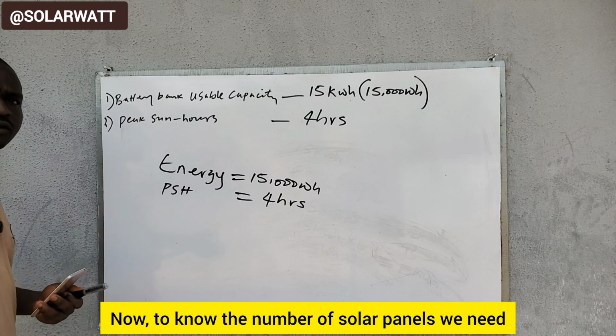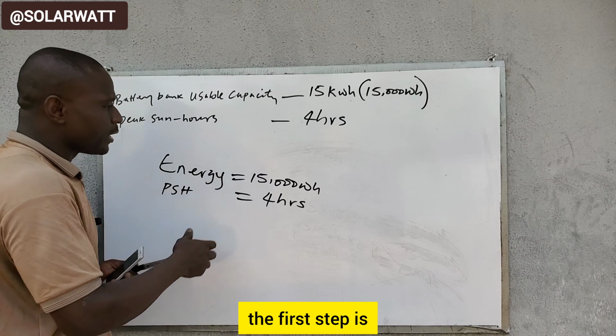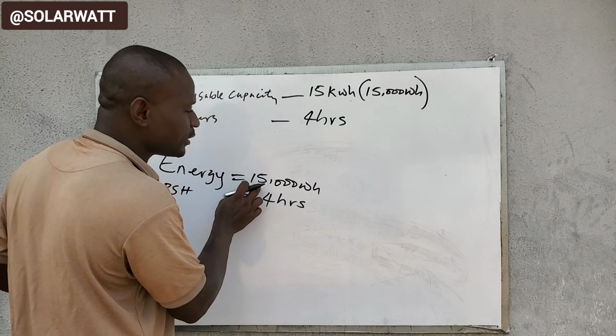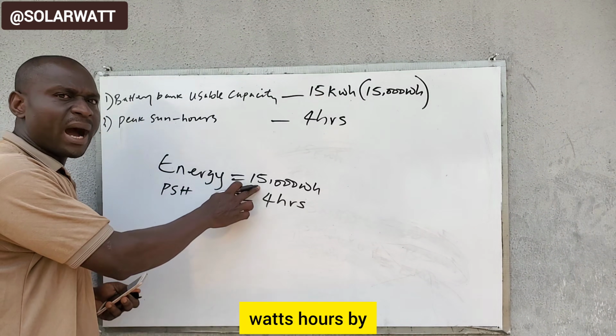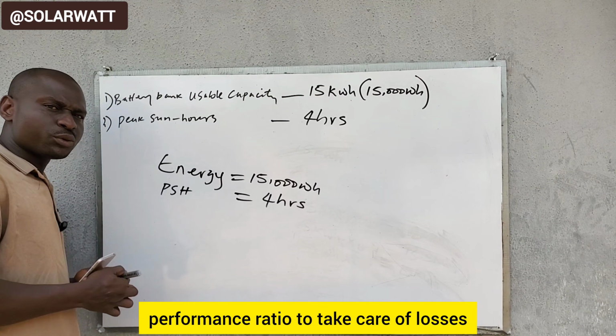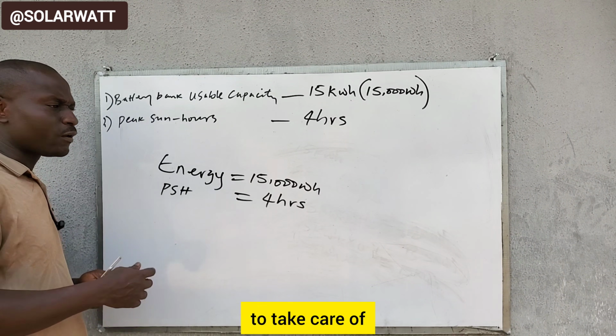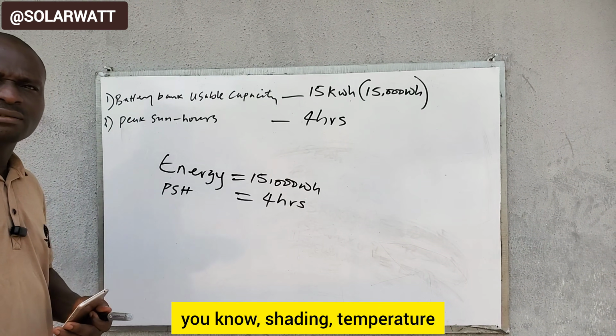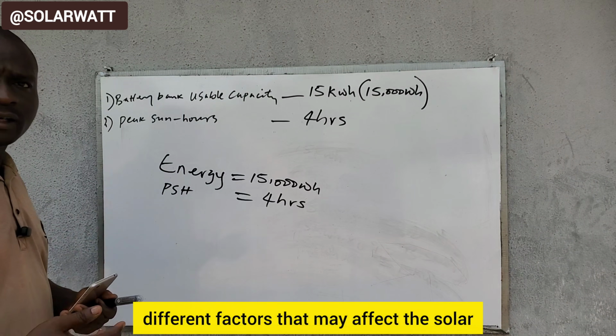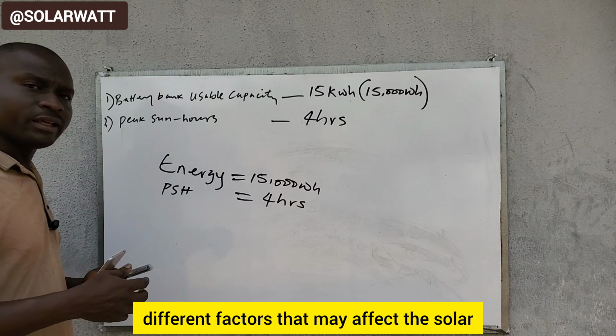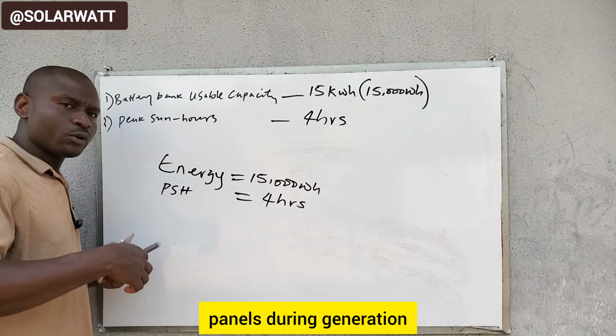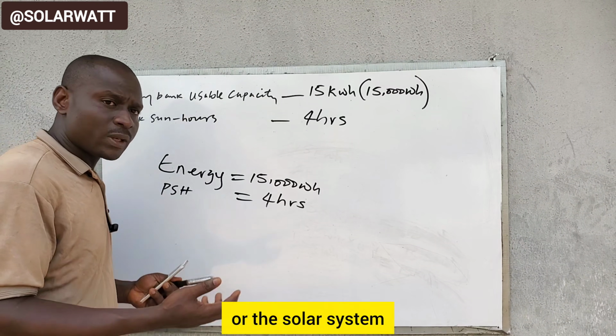Now, to know the number of solar panels we need, the first step is that we will divide this 15,000 watt hours by the performance ratio, to take care of losses, shading, temperature, different factors that may affect the solar panels during generation or the solar system.